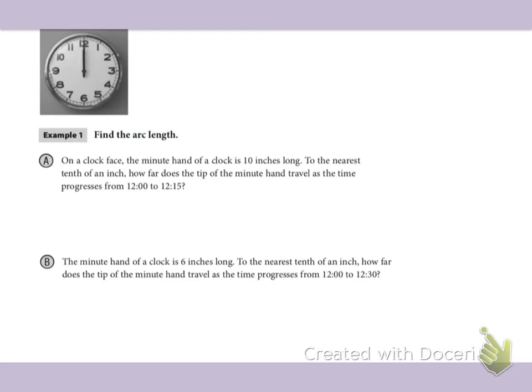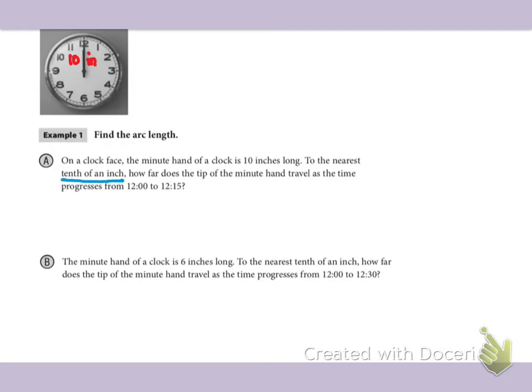So our first example has to do with a clock. It says on a clock face, the minute hand of a clock is 10 inches long. So the minute hand stretches from the center to the outside, so that's like the radius of this circle, and again, it's 10 inches. To the nearest tenth of an inch, which means we're going to be rounding to 1 decimal place.